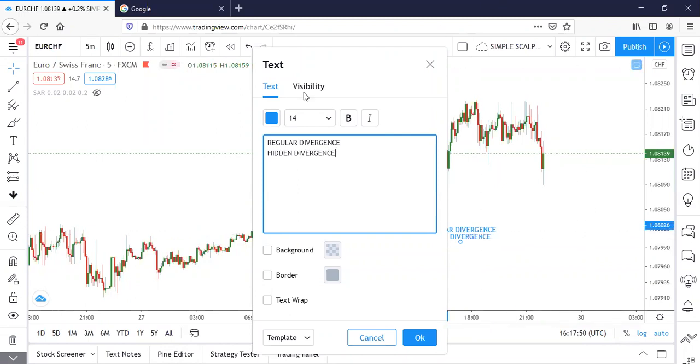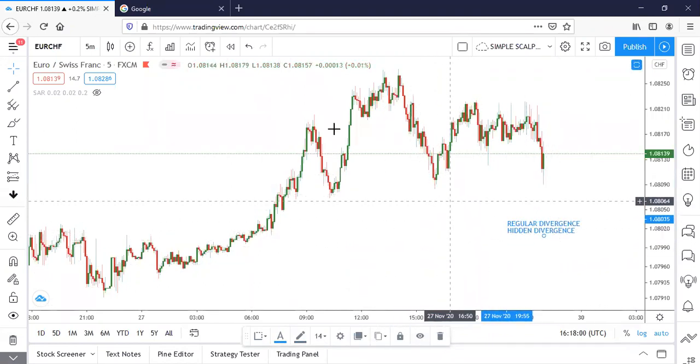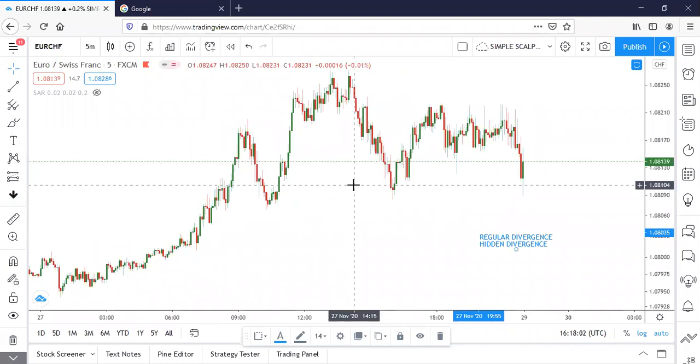In today's class, I'm going to show you how to spot these divergences and their importance. If you are able to recognize and use divergence, it's going to change your trading game, and you will know where and when price is ready to change direction.